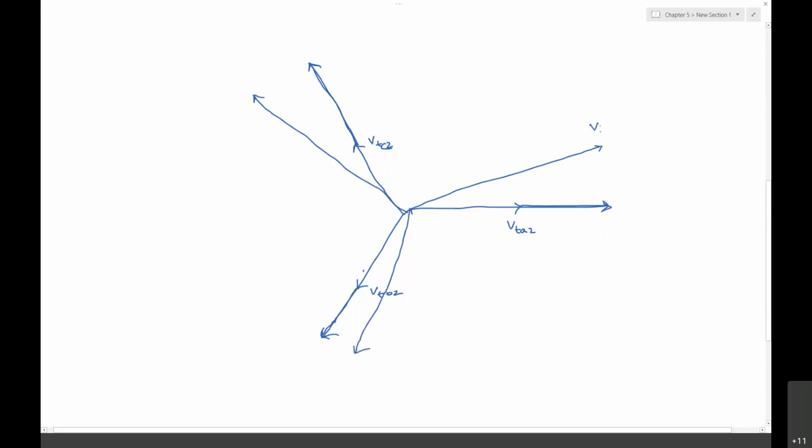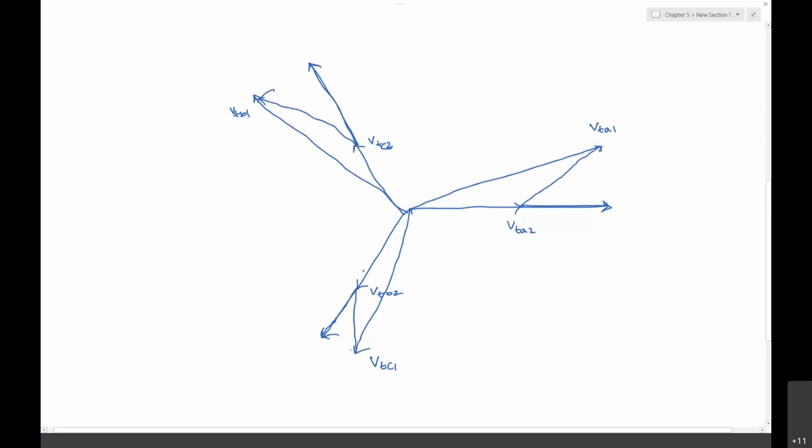Suppose your voltage is this, this is about VTA1, VTB1, VTC1, all the phases. In that case, it is possible to inject by this method. This is about the pre-sag voltage condition.